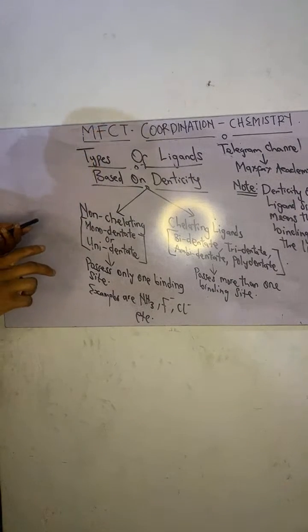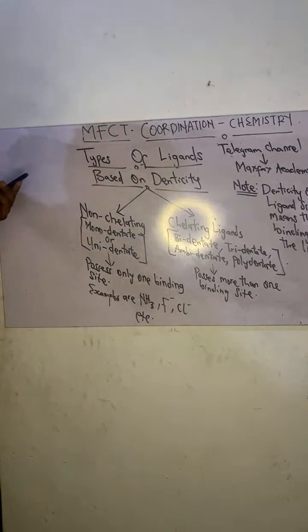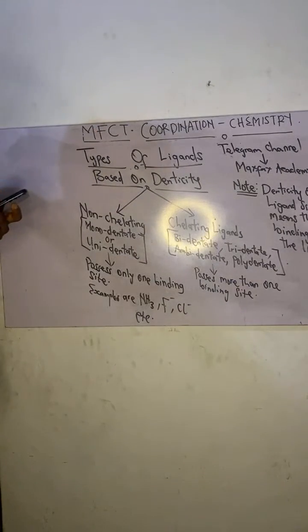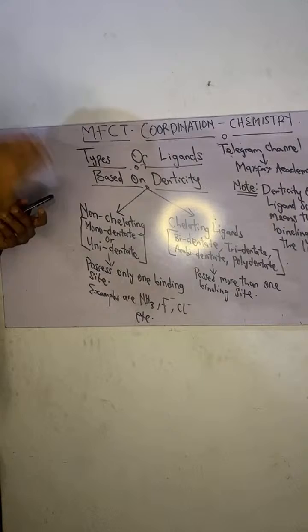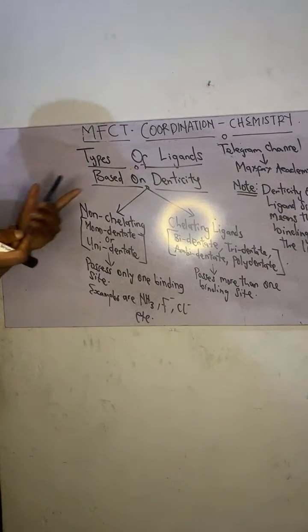That is, they possess 2 binding sites, 3, 4, 5 binding sites. If they possess 2 binding sites, we refer to them as bidentates. If it is 3, tridentates. If it is 4, tetradentates. And if it is many, we refer to them as polydentates. Now, let me make some clarification here.